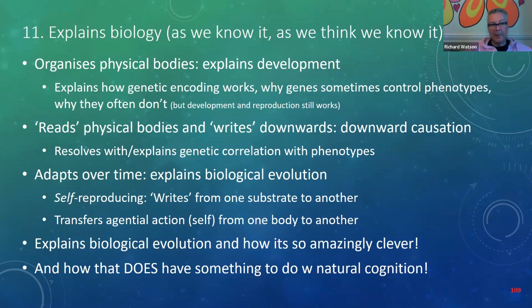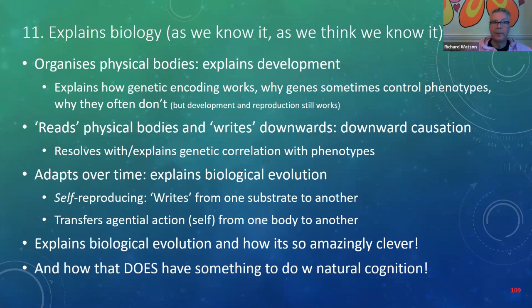We need to explain how it adapts over time. In other words, we need to explain biological evolution. It needs to be compatible with that, so that it explains how structures can be self-reproducing, how we can transfer the agential action or the self from one body to another, and explains, in other words, biological evolution, how it's so amazingly clever, and how that does have something to do with natural cognition.